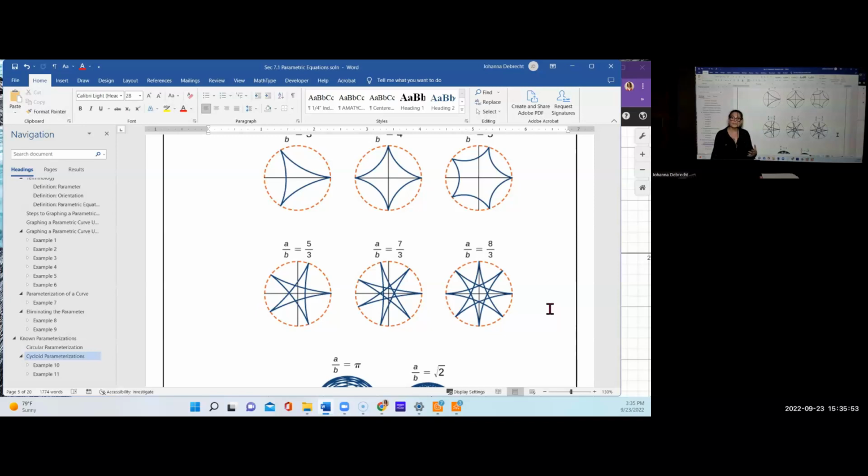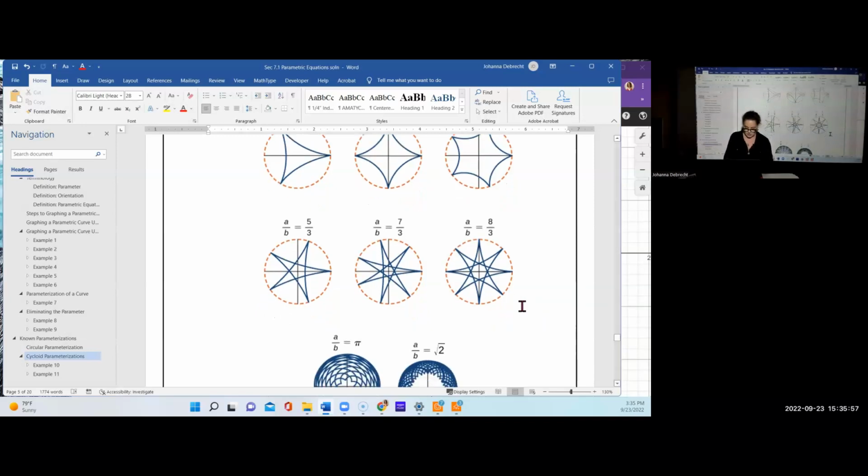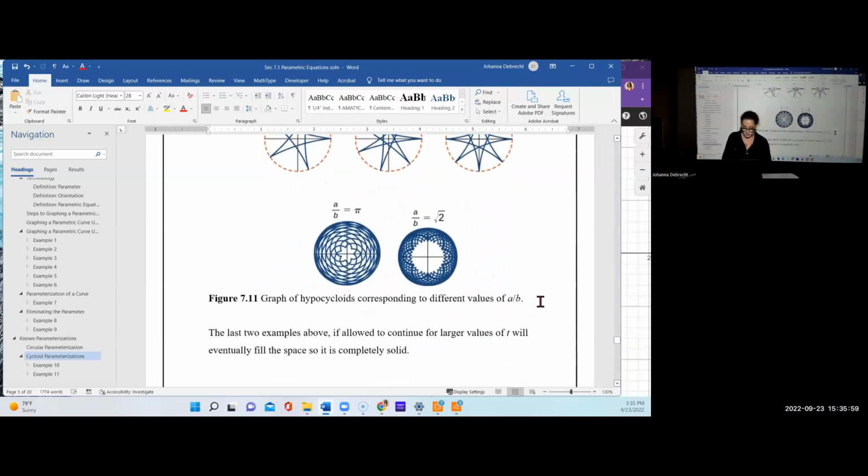Now, what happens when the ratio of A over B is an irrational number, something like pi or the square root of 2, is that it becomes what's called a space-filling curve. Now, I stopped it at a certain point on these so you could see the pattern, partly because they're beautiful, and partly because otherwise it's just a big solid blue dot, which doesn't help much.